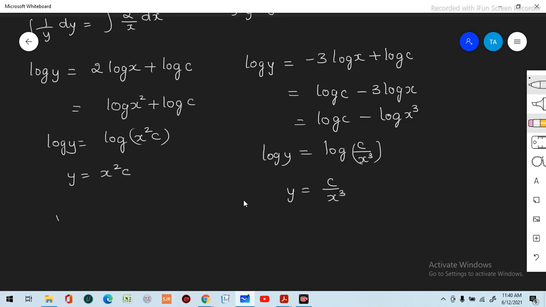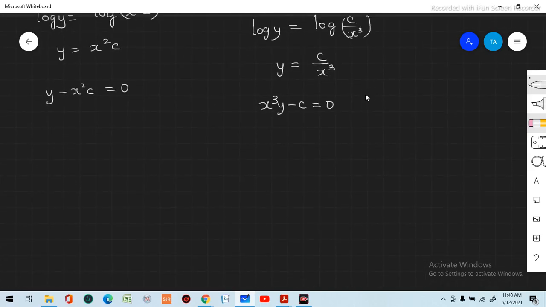So you have to write in terms of what? Product. So y minus x square c is equal to 0. Here you can write x cube y minus c is equal to 0. Right hand side correct? Yes, sir. So x cube y minus c is equal to 0. Therefore, how do you conclude now?